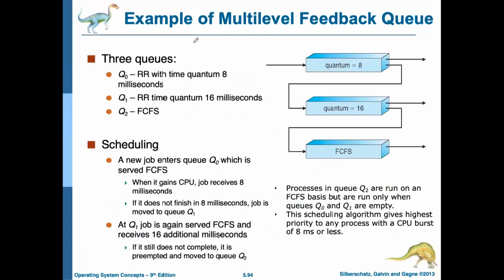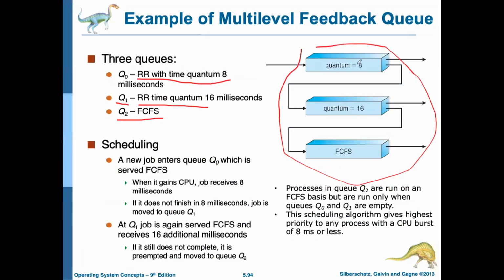For example, in a multi-level feedback queue, we have Q0, which is RR with time quantum 8, and next Q1, RR with time quantum 16, and Q2, first come first serve. Scheduling a new job: it enters the queue and is served first come first serve.